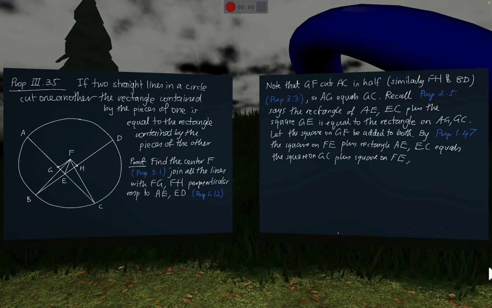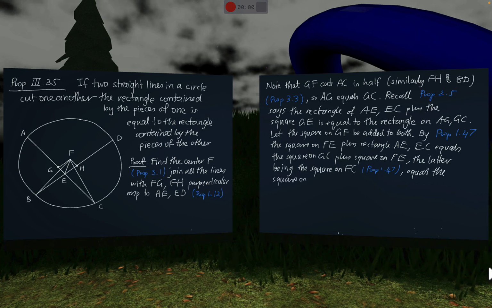But by Pythagoras again, that is the square on FC. So that's proposition 1.47. But FC is a radius because F is the center. So that equals the square on the other radius, square on FB.